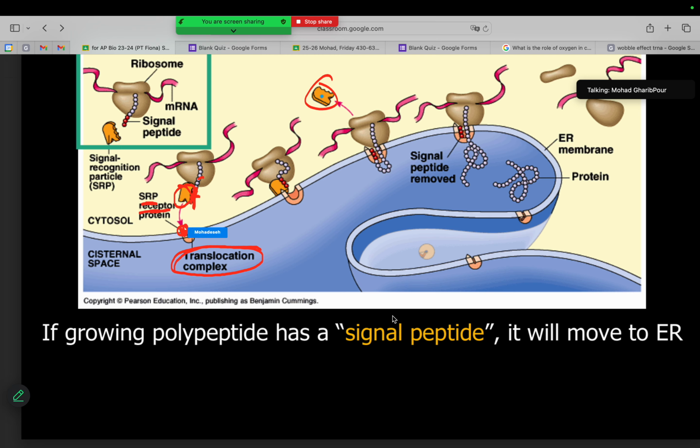So it has a receptor, it binds this, which is bound to this polypeptide with the signal peptide.